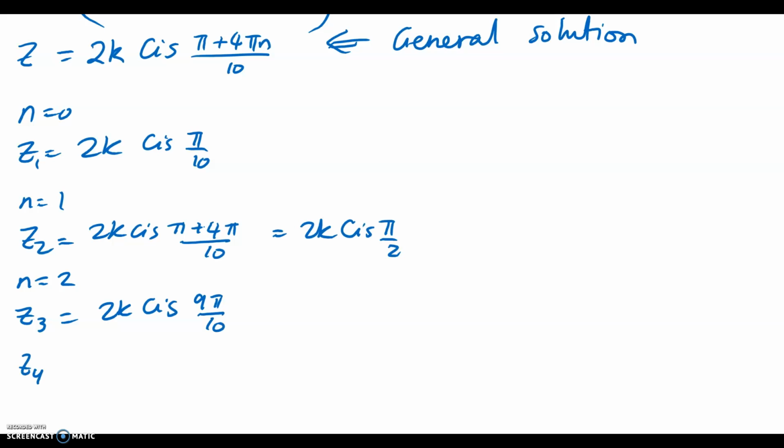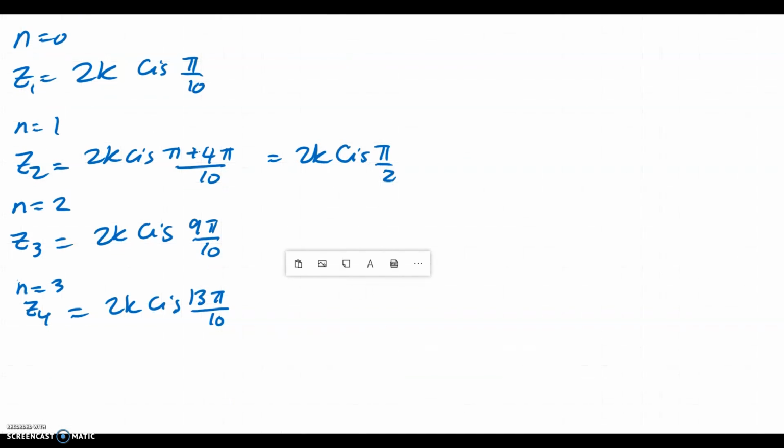When n equals 3, we will have 2k cis 13 pi over 10. And when n equals 4, 17 pi over 10.